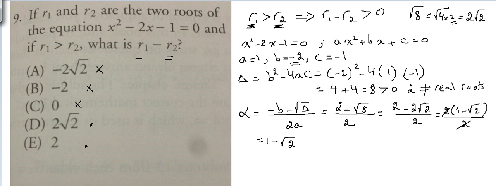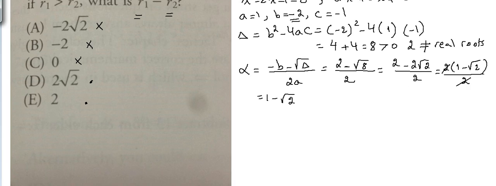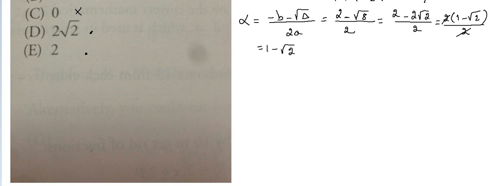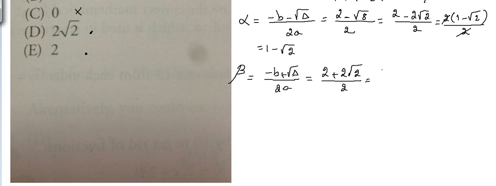Leave it now. Let's find the other root, which is beta. Beta is equal to what? It's minus b plus radical delta over 2a. Minus b means 2 plus radical delta, and radical delta we found as 2 radical 2, which is radical 8, over 2. We do the same thing. 2 is common, so 1 plus radical 2.